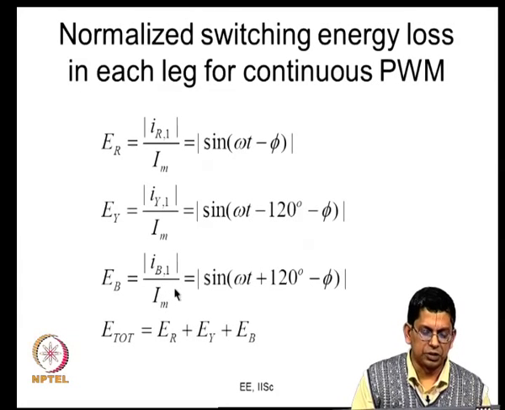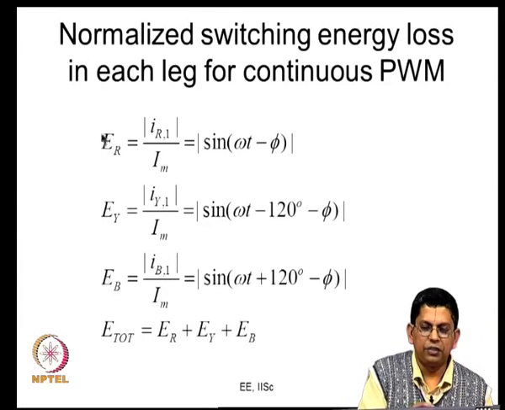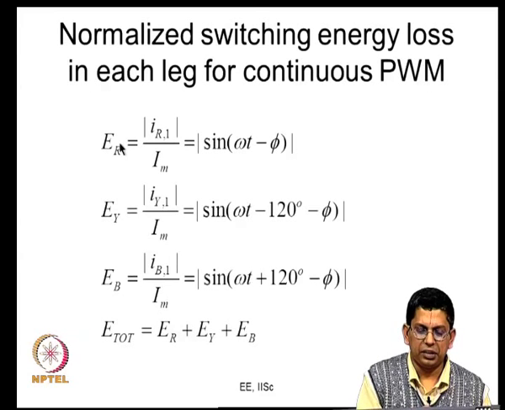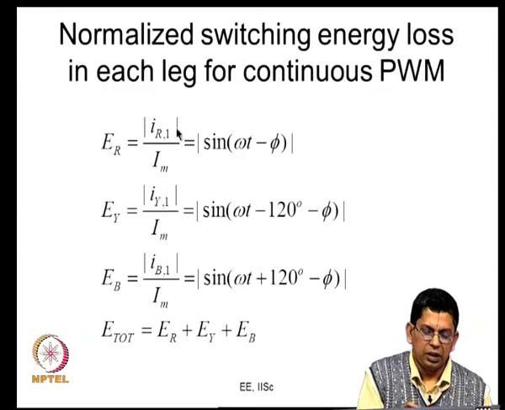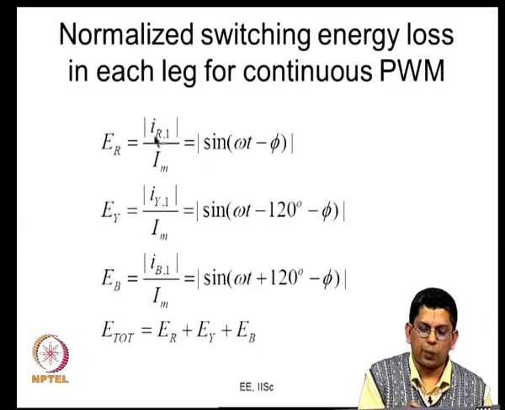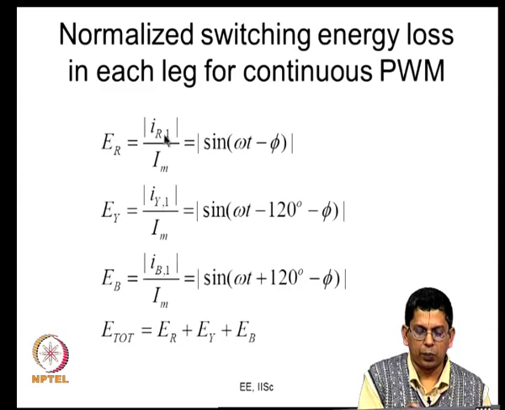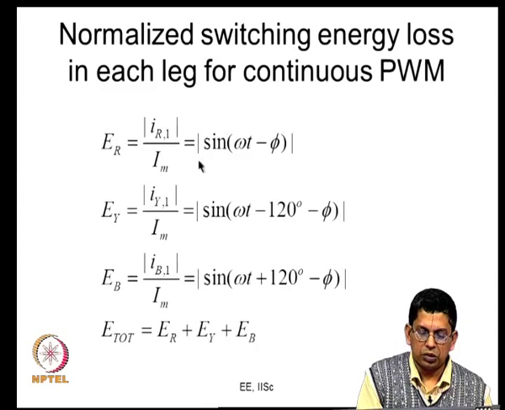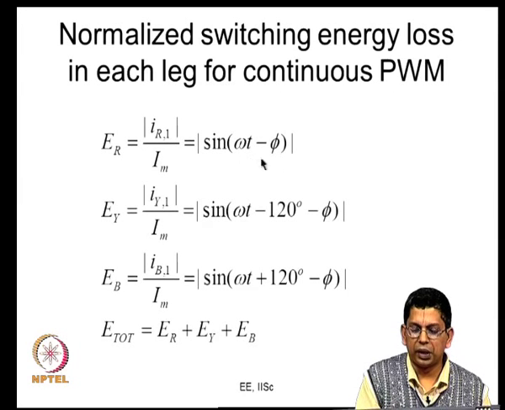The normalized energy loss in the R phase leg is proportional to the unsigned value of IR1, because it may be plus 10 ampere or minus 10 ampere and the energy lost is the same. So this is the absolute value of IR1 divided by IM, where IM is the peak value of the current, which is the unsigned value of sin(omega t minus phi), where phi is your power factor angle.